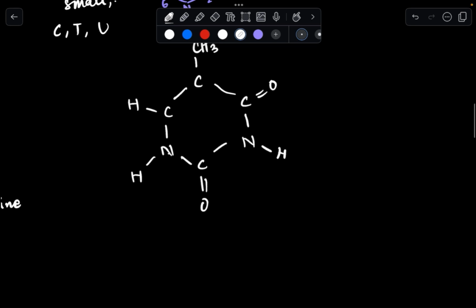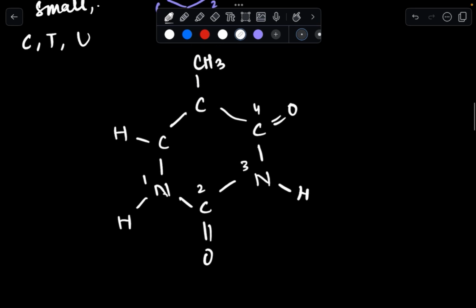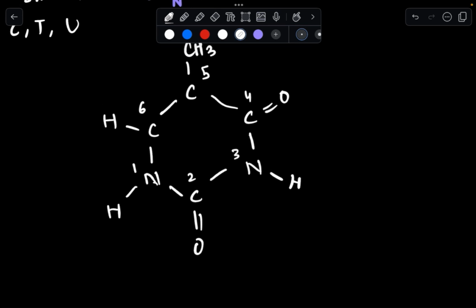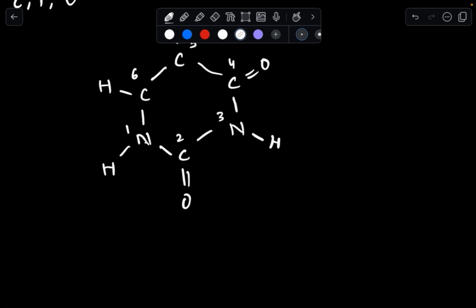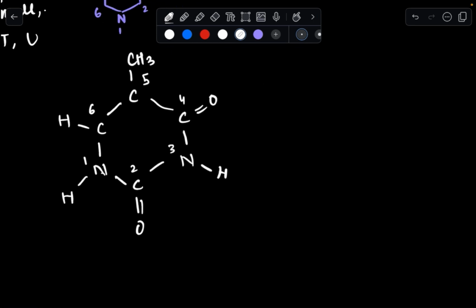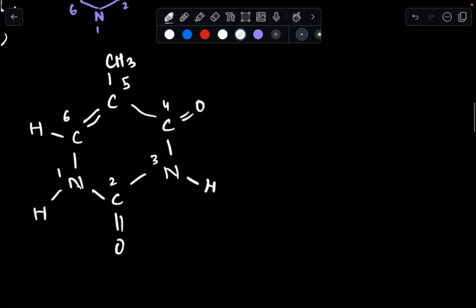Now coming to the numbers, we have 1, 2, 3, 4, 5, 6. So it has a methyl group on the 5th position, and double bond O groups at the 2nd and 4th positions. Remember, so thymine has, okay, now adding the remaining double bonds.